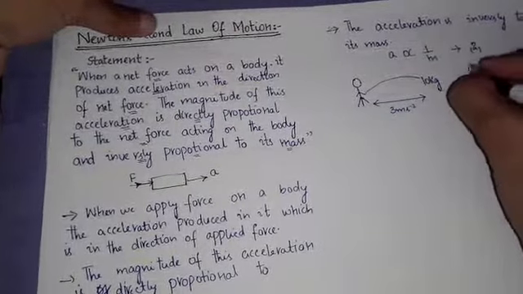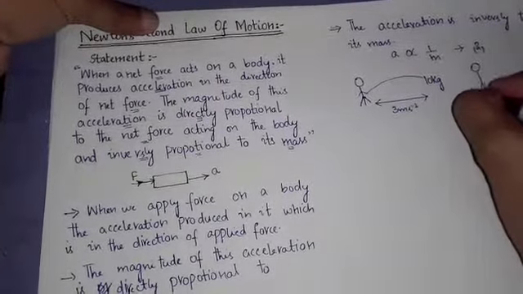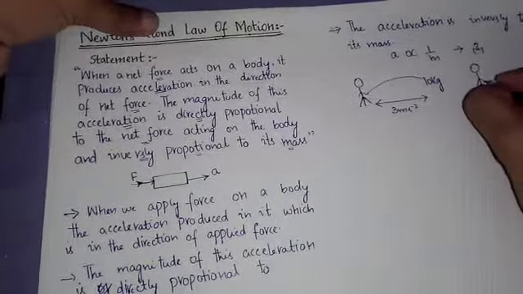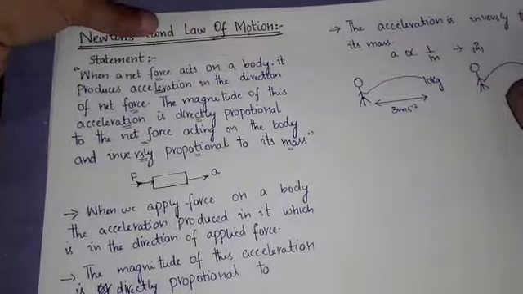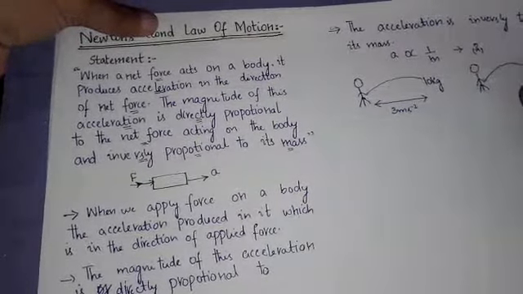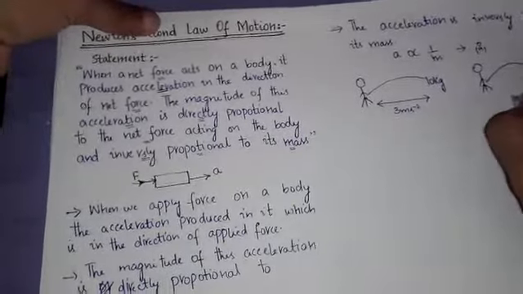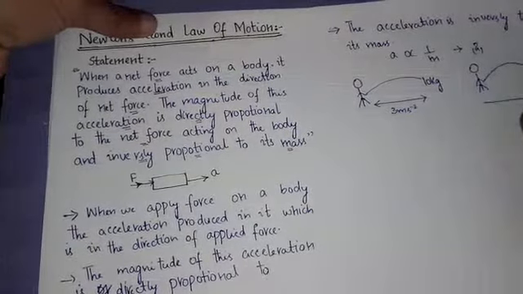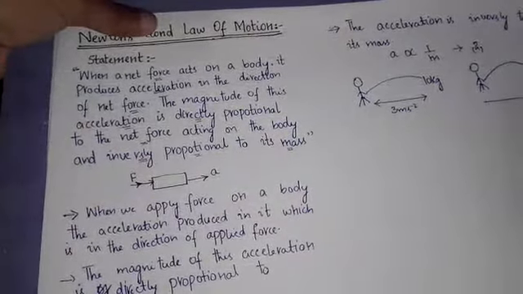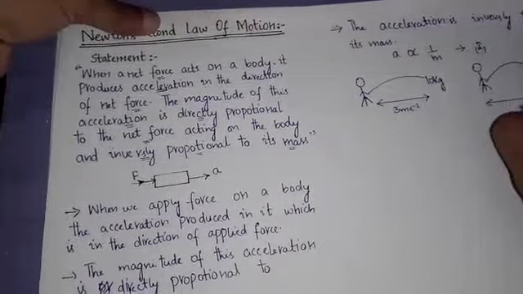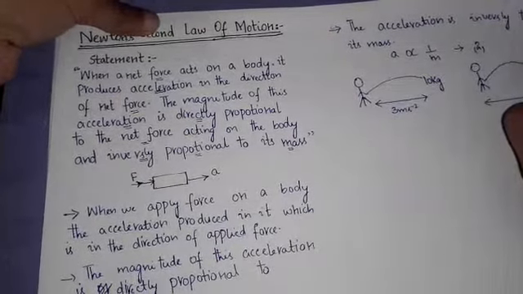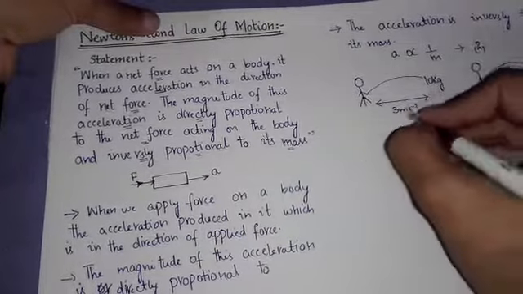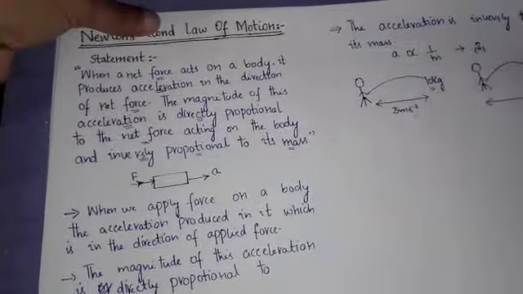But if the same person throws a mass of 5 kg, then the acceleration of the lighter body will be larger as compared to the acceleration of the heavier body.